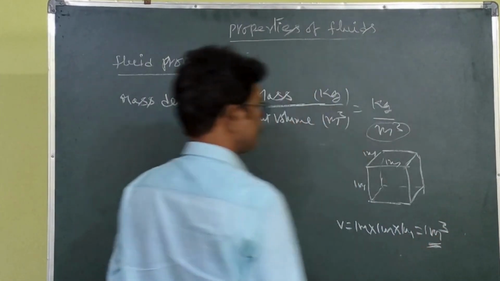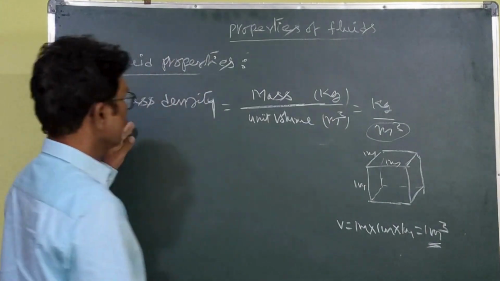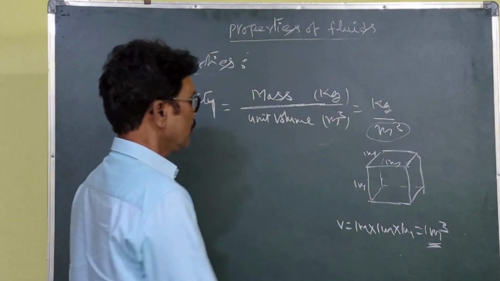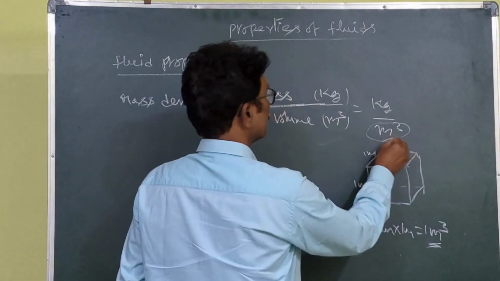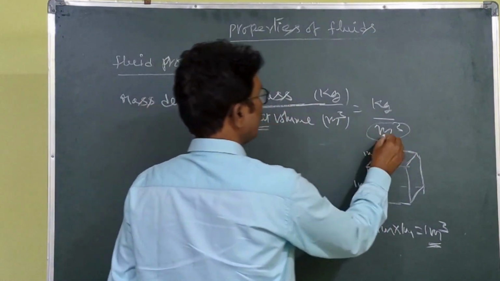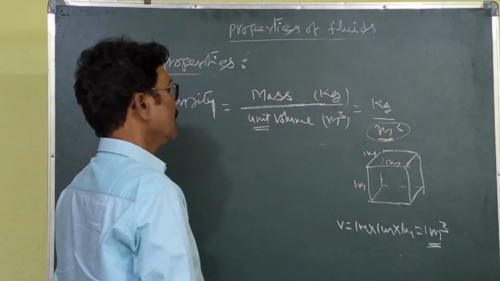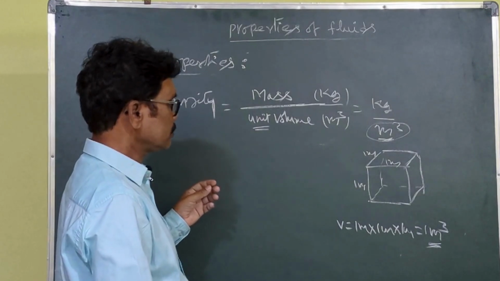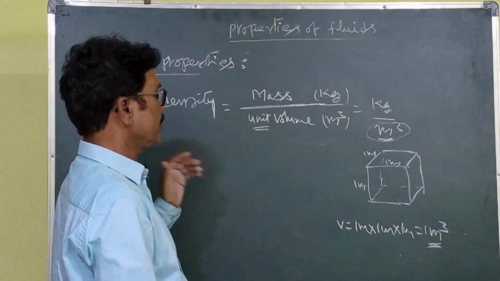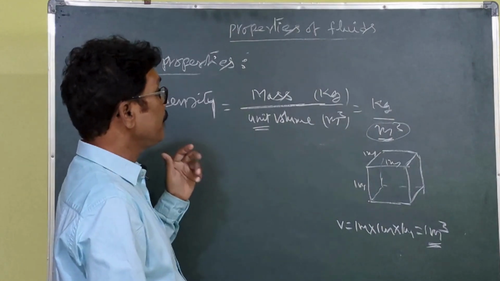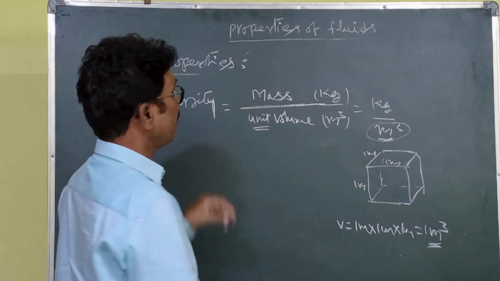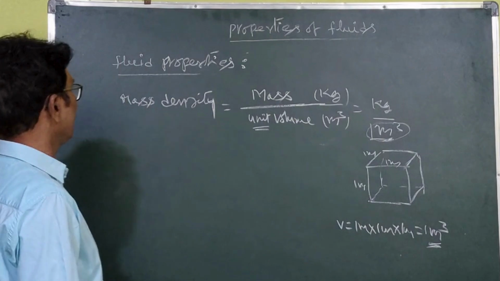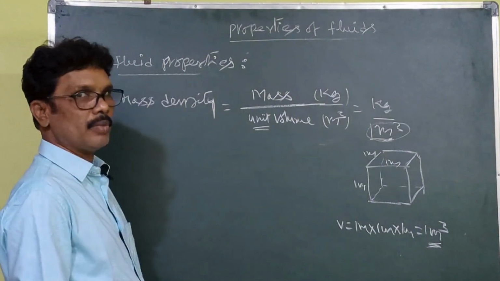So what is the meaning of mass density equal to mass by unit volume? 1 unit means 1 meter cube. In 1 meter cube, whatever quantity of fluid is accommodated, that accommodated fluid mass divided by that 1 meter cube volume, that is the meaning of mass density.